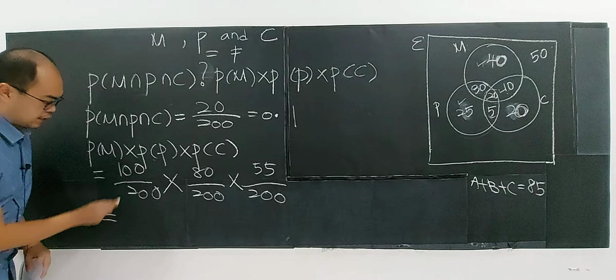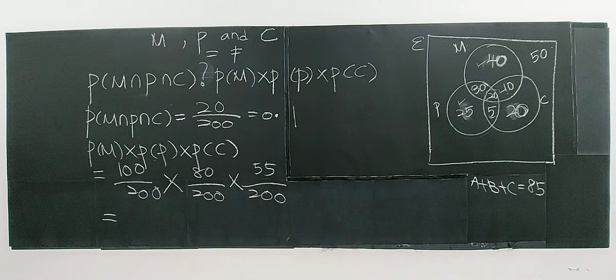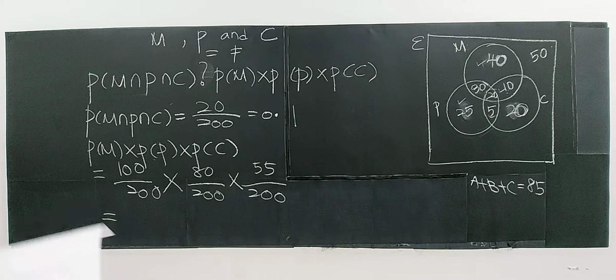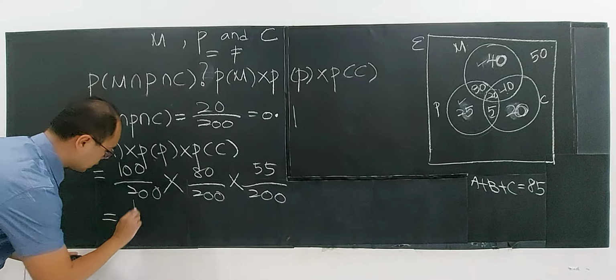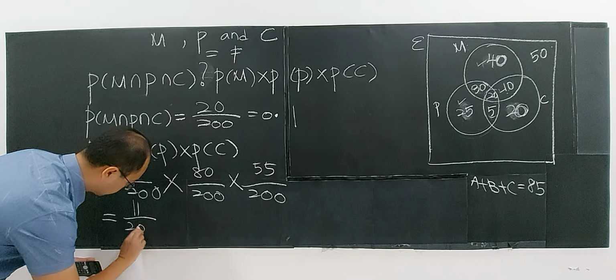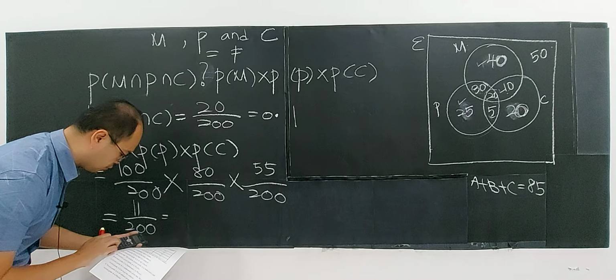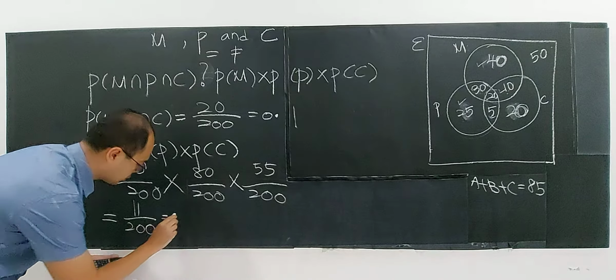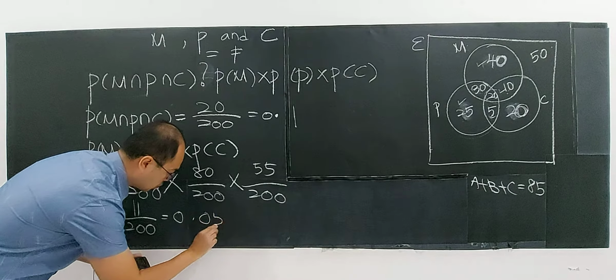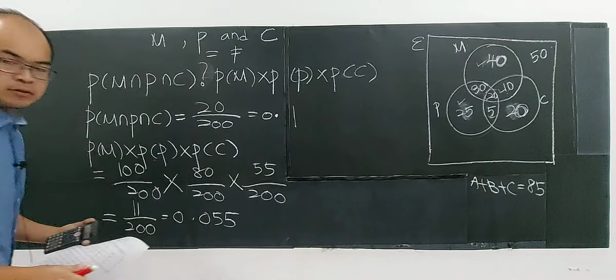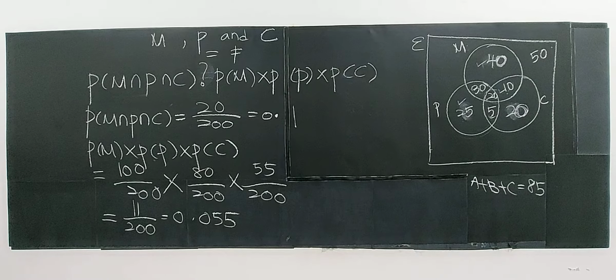Let's calculate before we decide. After simplifying, we get 11 over 200. If you change to decimal form, you get 0.055. You can see clearly that they are not the same.